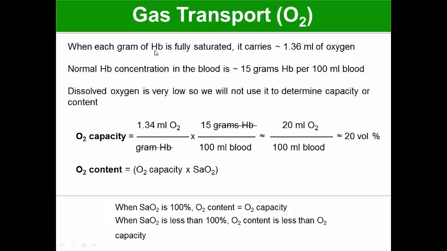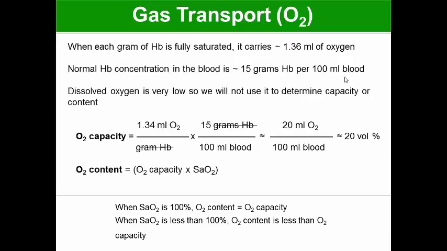When each gram of hemoglobin is fully saturated with oxygen, it carries about 1.36 milliliters of oxygen. And you know that the normal hemoglobin concentration of the blood is 15 grams of hemoglobin in each 100 milliliters of the blood. So it is very simple now to calculate the oxygen carrying capacity of the blood.